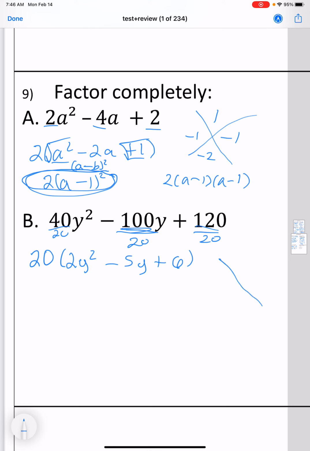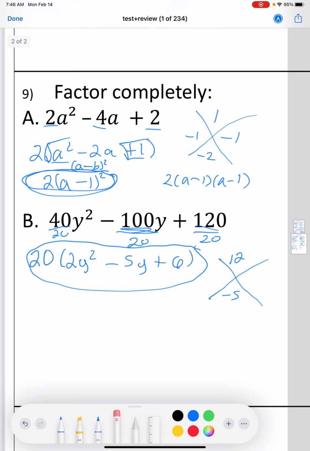And in this case, we would use the X method to see if we can factor it anymore. Our numbers should multiply to make 12 and add to make -5. And in this case, that is not possible, so this is actually our final answer.